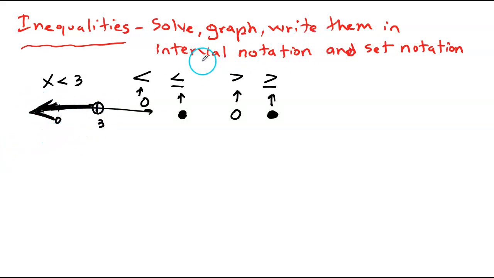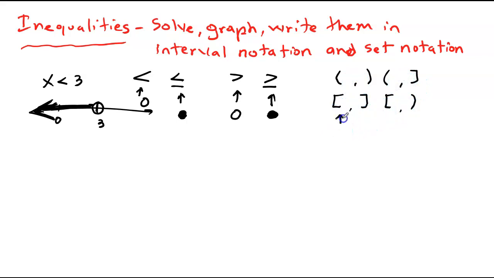Now I'm saying write them in interval notation. When I'm writing the interval notation, I'm going to have two parentheses, or I can have a parenthesis and a bracket, or two brackets, or a bracket and a parenthesis. I can have any of these four options, with the comma in between. That's my interval notation.